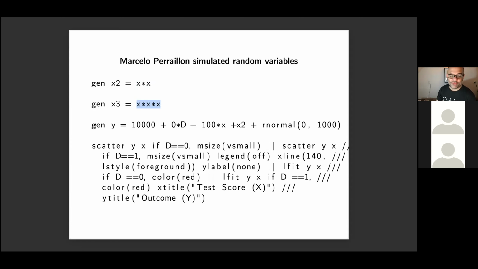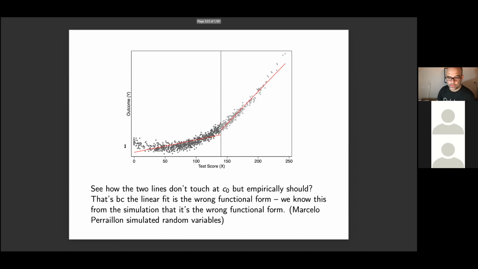And we're going to make a variable called y, which is going to have an intercept of 10,000. There will be no treatment effect, but it will be decreasing in x at an increasing rate. And they'll have this large variance here, and we'll do a scatter. Okay, so when we do that, look what we get.